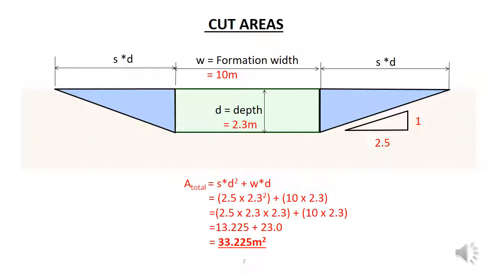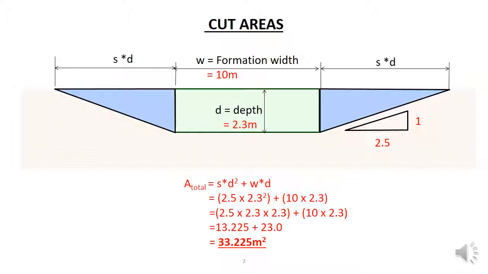So if we have a cut with a formation width of 10 meters, so that's the bottom part, and a depth of 2.5 meters, and side slopes of 1 and 2.5, we end up with a total area of 33.225 square meters.